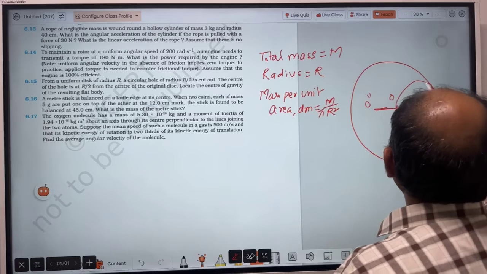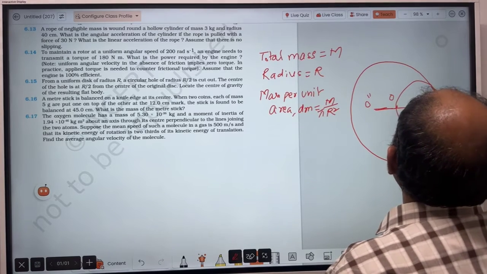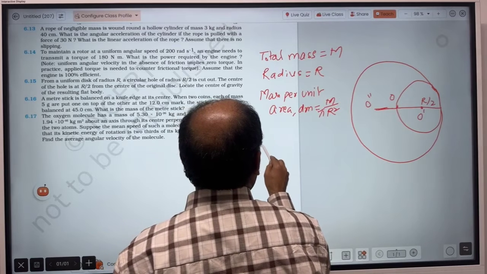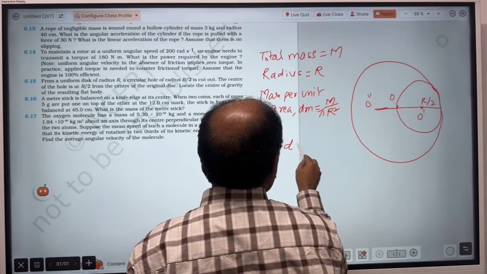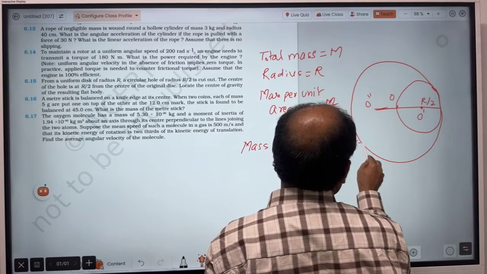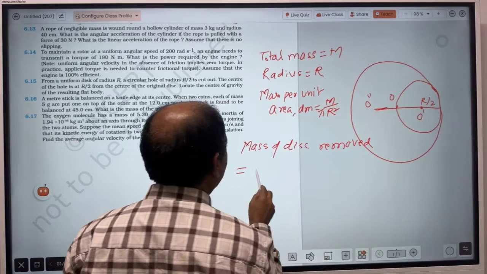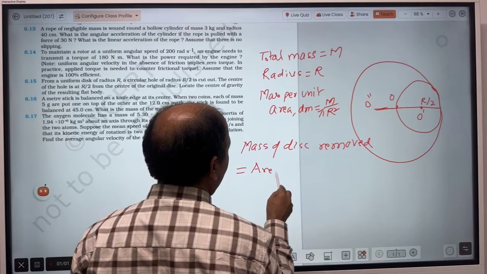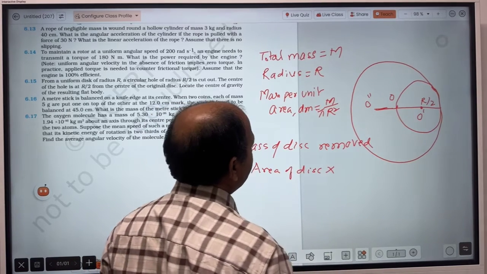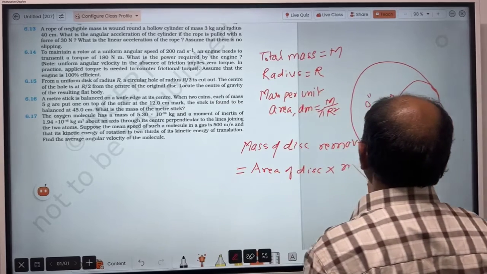Now the mass of the portion removed, so the mass of the disc removed is equal to the area of the disc multiplied by mass per unit area.